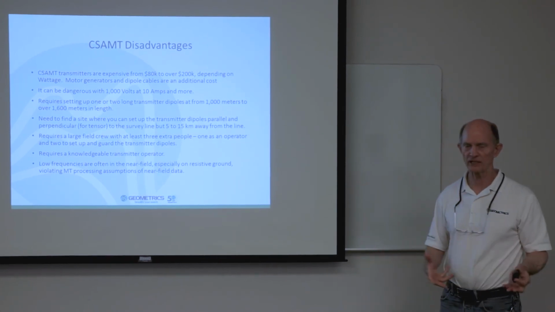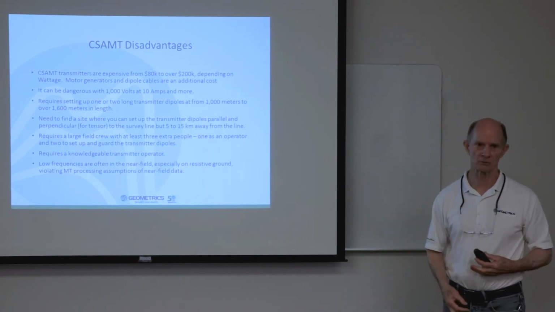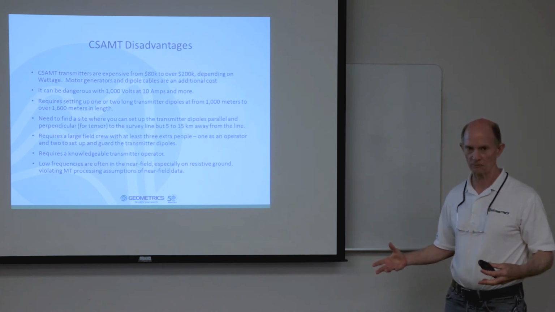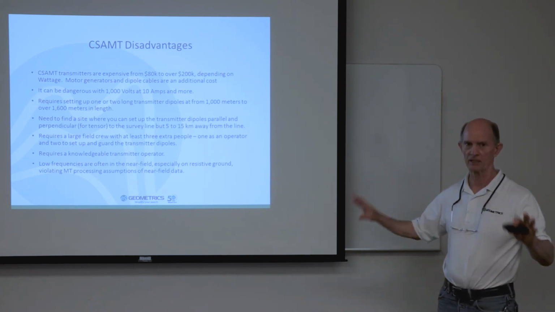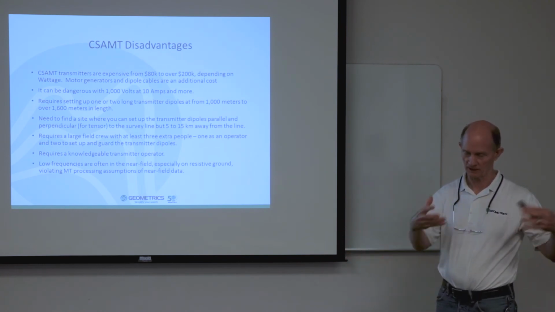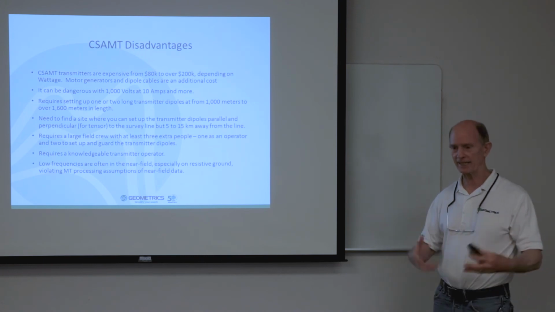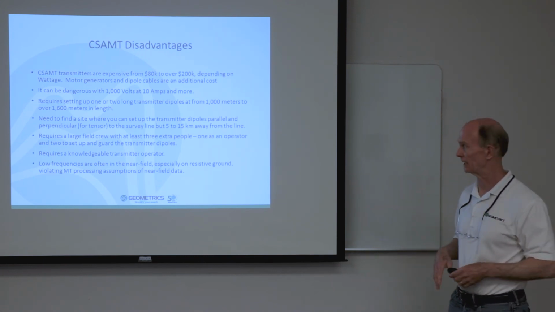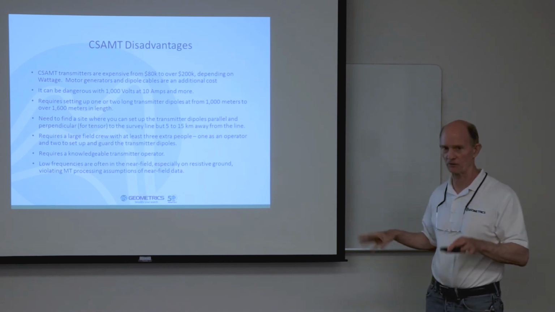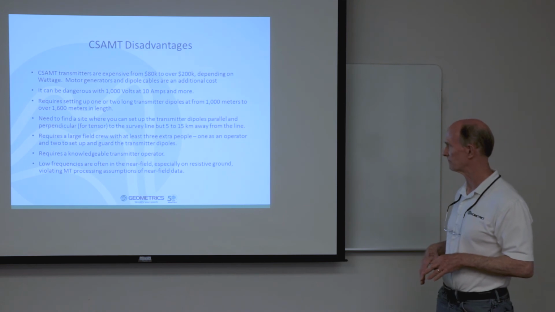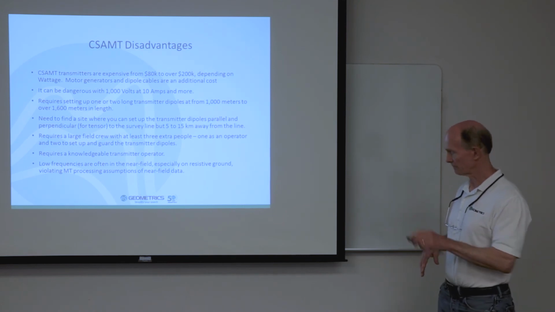So that requires at least another 3 people: a knowledgeable transmitter operator and at least 2 people to guard the dipoles against local people getting into that area and trying to dig up maybe the cables. You don't want to do that if you're putting 1,000 volts at 20 amps into the ground. Okay.